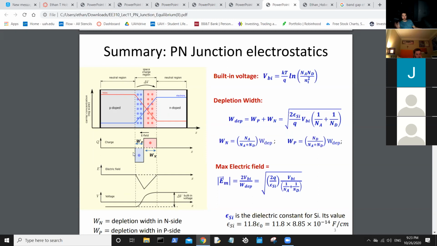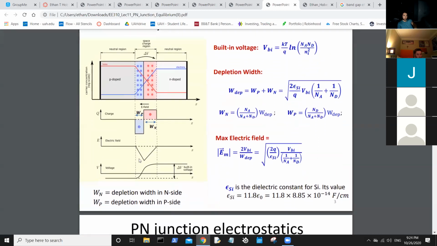Yes, if you were to calculate the charge, I believe it's supposed to be equal there, because this is an equilibrium. Knowing this, and the fact that WP and WN directly affect this relationship across the board, the doping density ratios directly affect this relationship down the line for all properties of our PN junction.